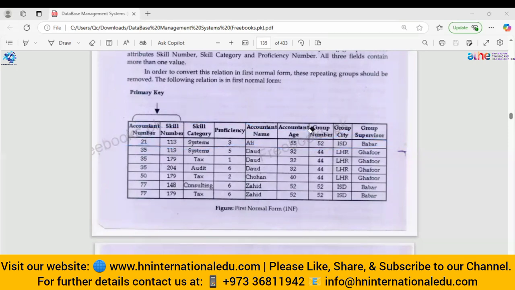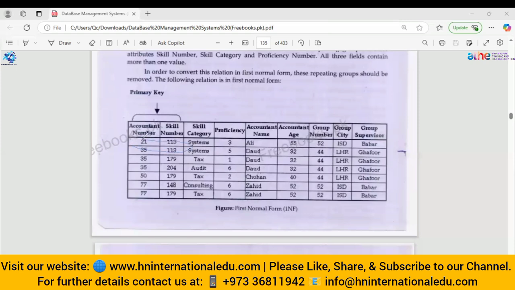So here we cannot use the accountant number alone as the primary key. So what we do here is use a composite primary key. What is a composite primary key? I told you that when we combine two columns together in such a way that a specific combination is not repeating itself, then it is a composite primary key. In this example, we combine the accountant number and skill number together, like 21 and 113.